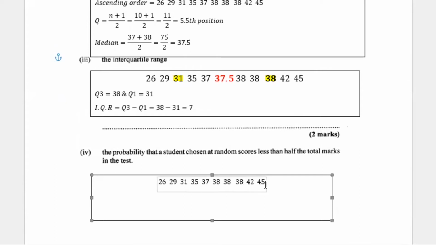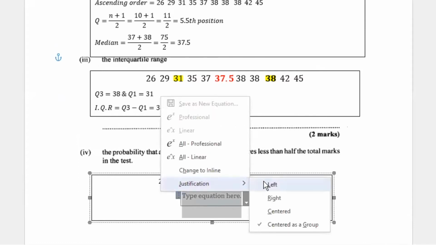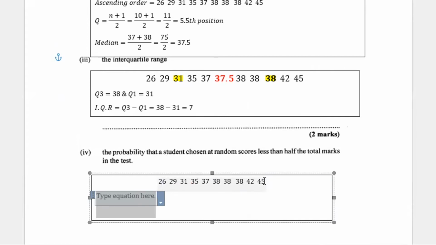So if our test is marked out of 60 and we're looking at probability, let's first look at the formula for probability. What we know is that probability is the frequency of the event. So probability is equal to the frequency of the event, or the number of possible outcomes divided by the total outcomes.